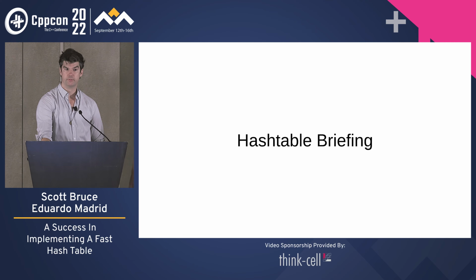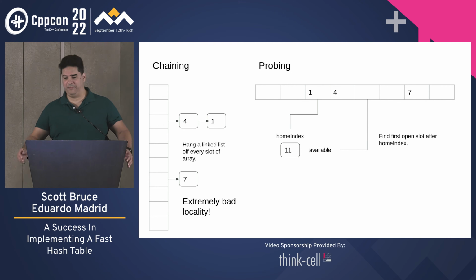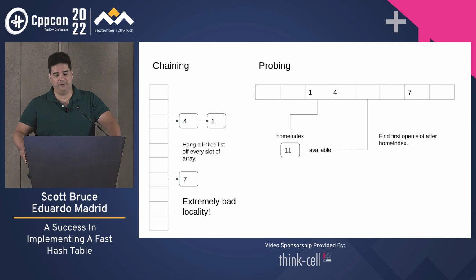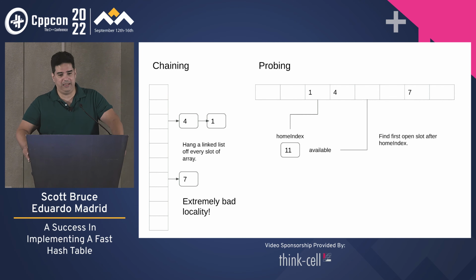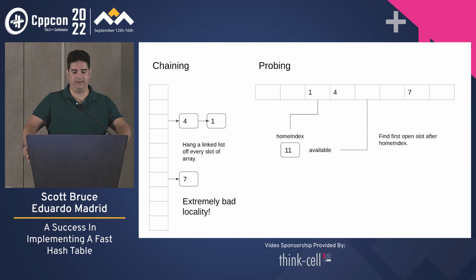We'll start with a quick hash table briefing. Yes, so there are basically two types of hash tables. Those that use open addressing, more colloquially probing, and those that have closed addressing, more colloquially chaining. Closed addressing is chaining and open addressing is probing.